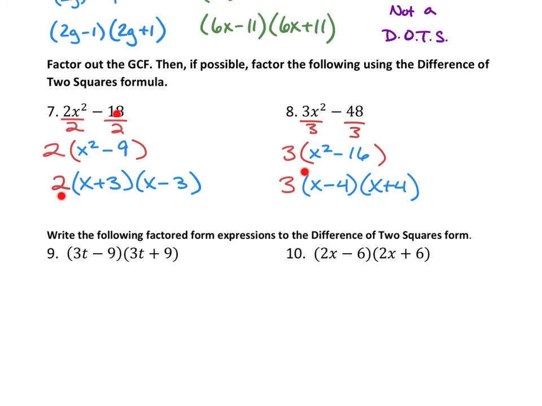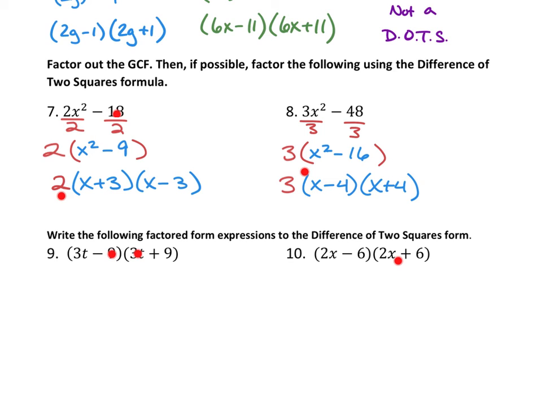Now number 9 and 10 are just a little bit of bonus here. It says write the following factored form expressions. Okay, factored form because they have the parentheses. Those are factors. Write the following factored form expressions to the difference of two squares form. Do you notice that this is first minus second, first plus second?